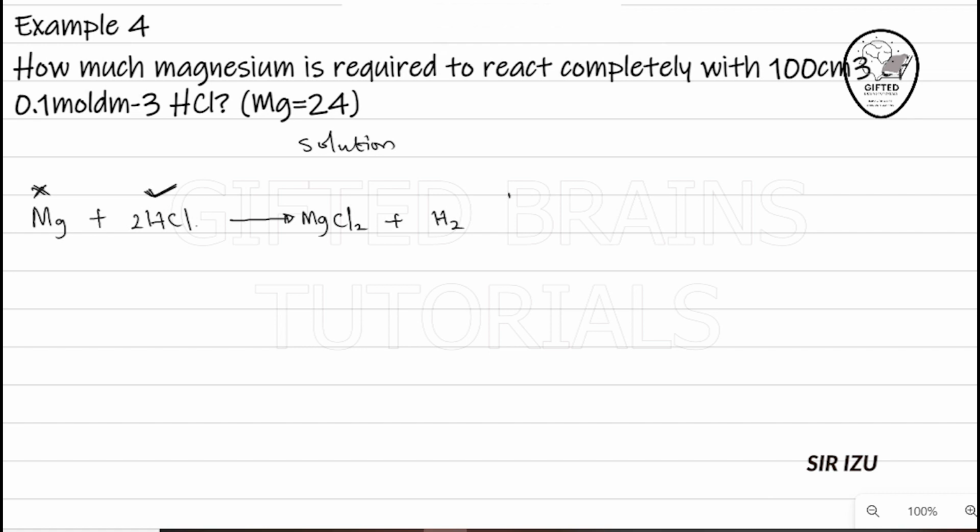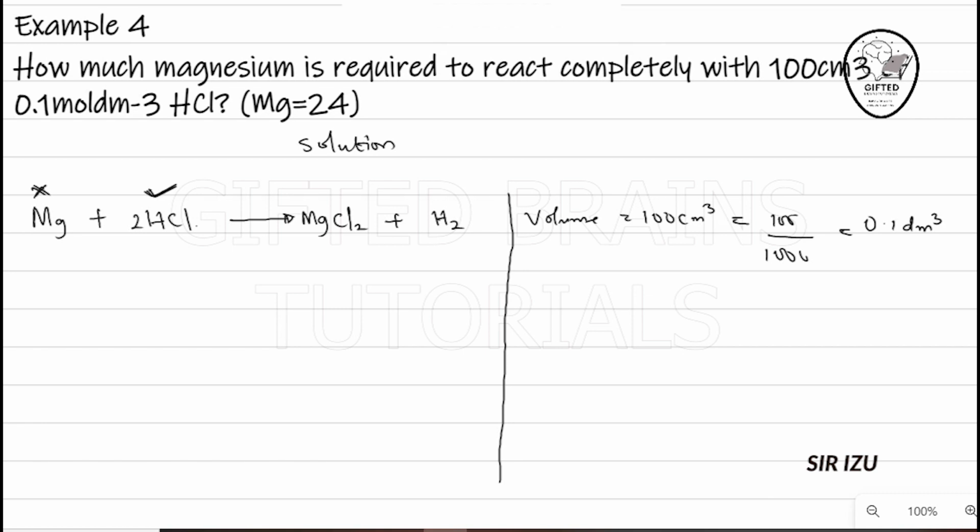I'm going to divide my screen into 2 again. Quite an easy one. Here I'm given 100 cm3, so I'm given volume. I have to convert to dm3, which is 100 over 1000, which is 0.1 dm3.